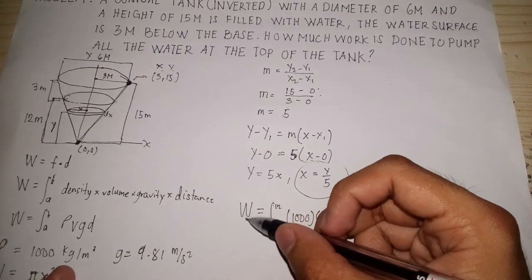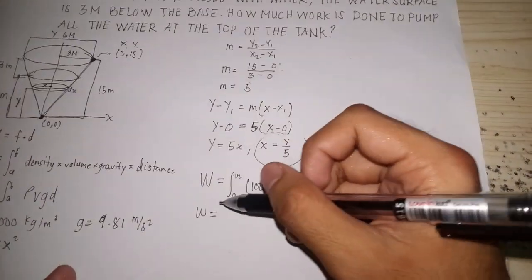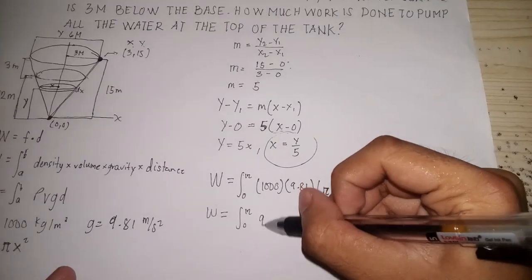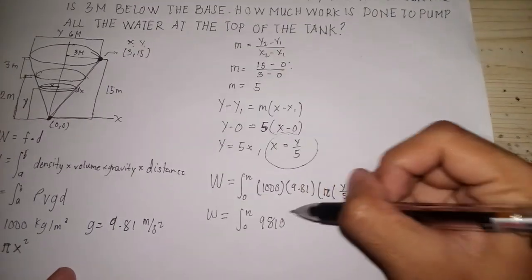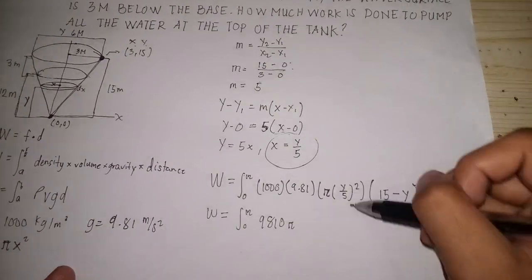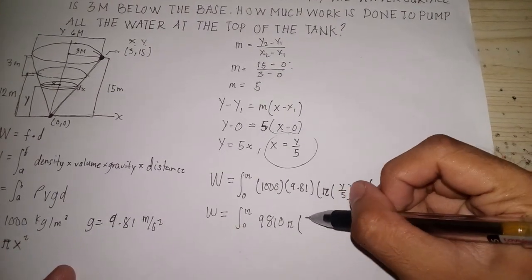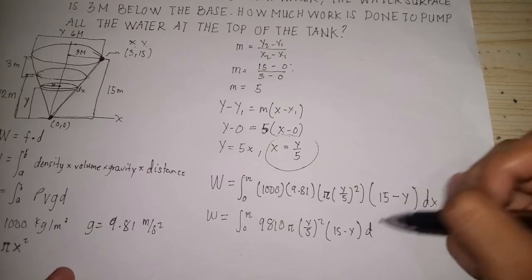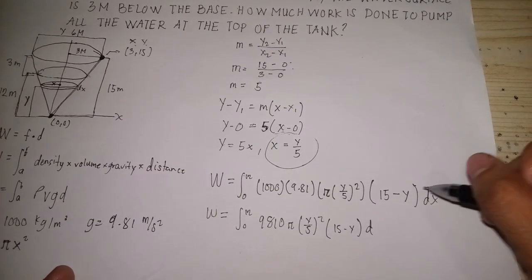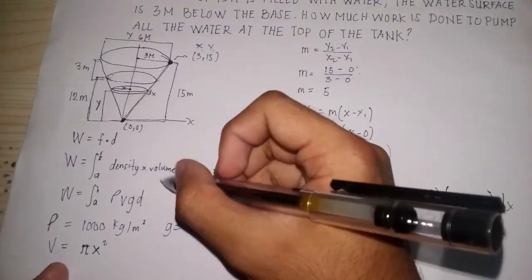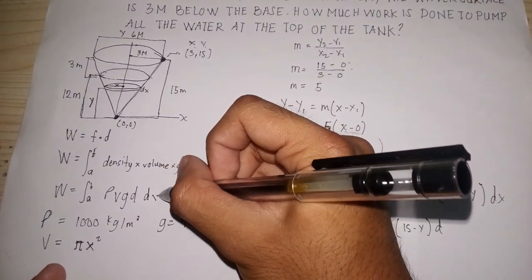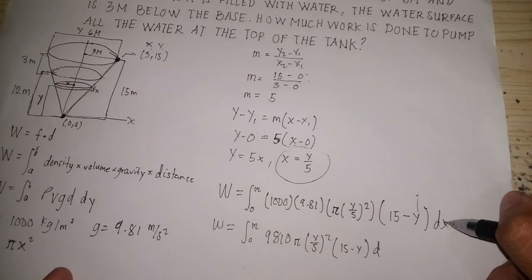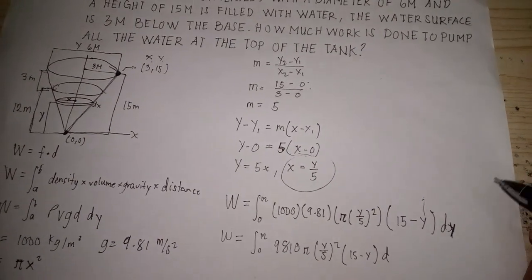So now solving this, work is equal to the integral from 0 to 12 of 9,810 pi times y over 5 squared times 15 minus y dy. I'm sorry, let me just put here dy, since we have our y value.